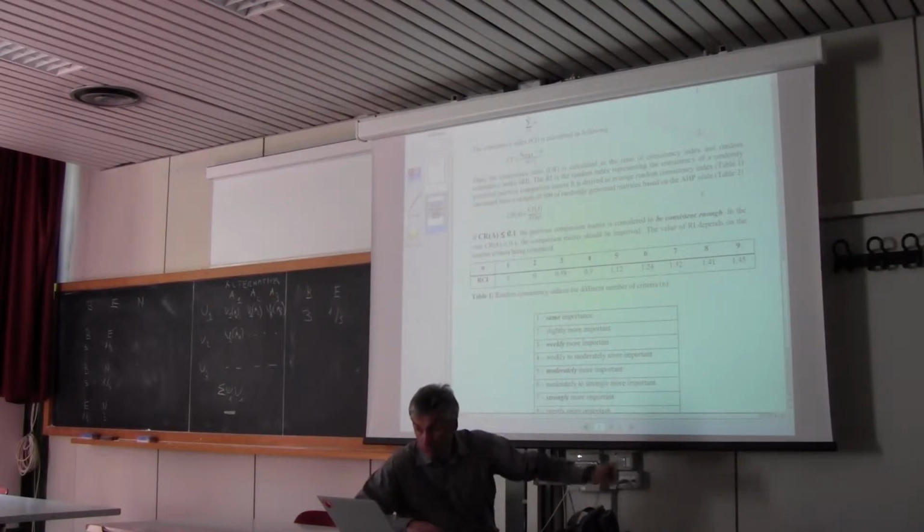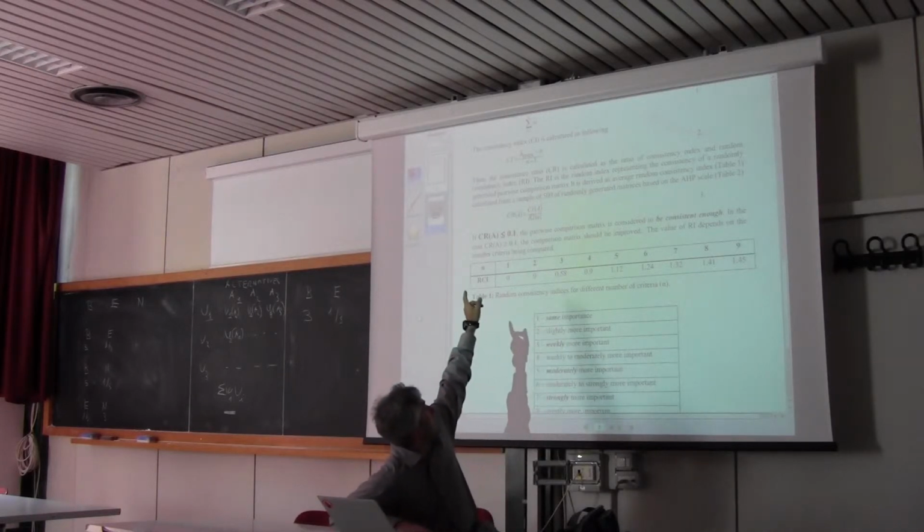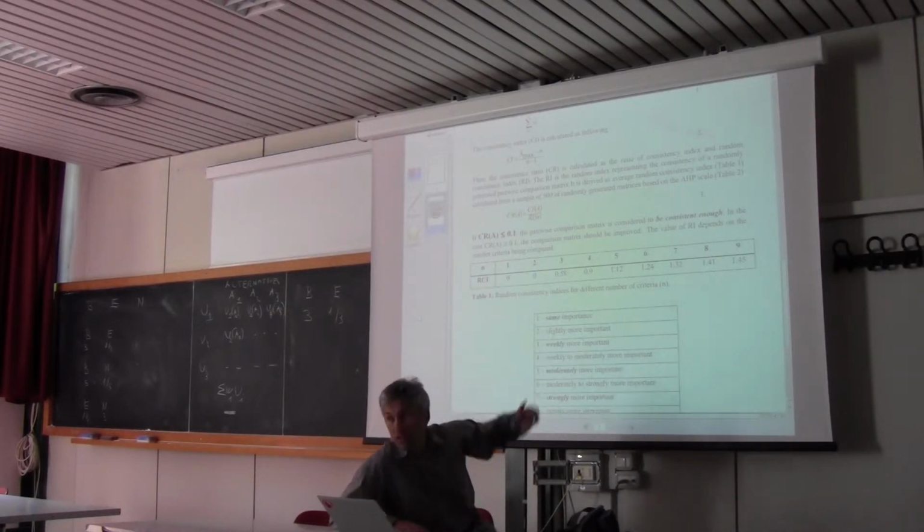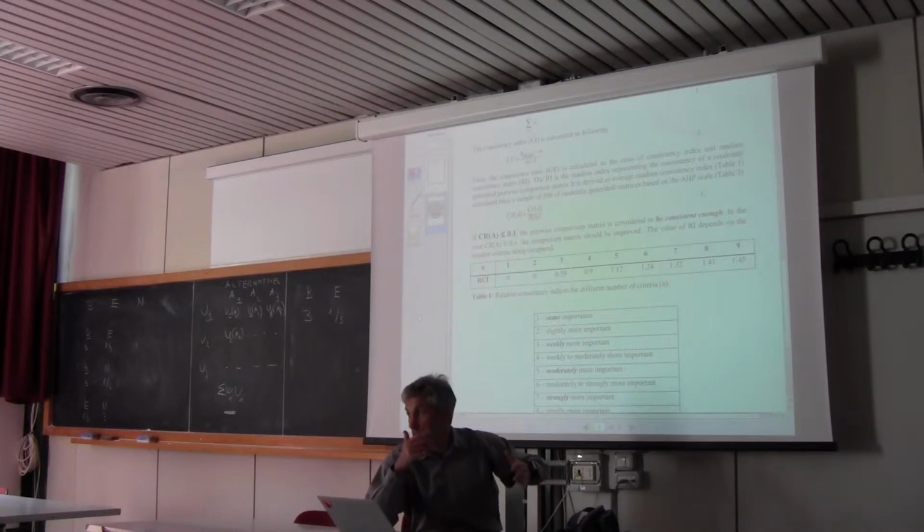And if you look at the relationship, you understand that if the matrix is perfectly consistent, then you get 0 for CR, because it will be 0 CI. Look at the definition of CI, lambda max minus n. So lambda max is equal to n if the matrix is perfectly consistent, so CI is 0 and therefore CR is 0.